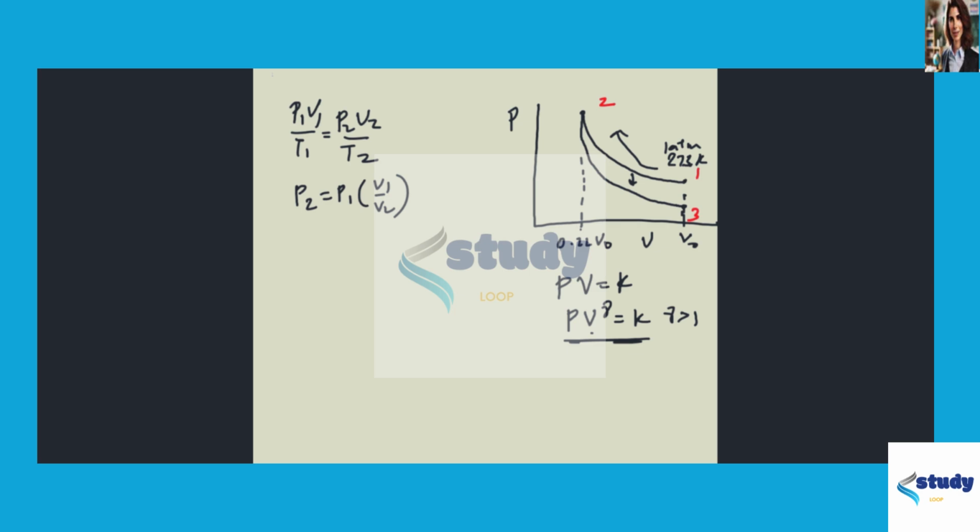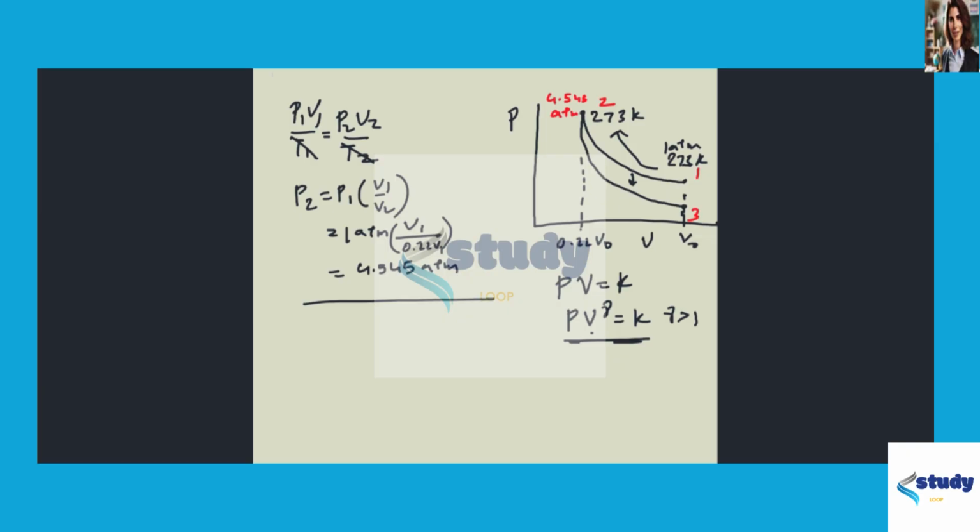Because it's an isothermal process, the temperatures are the same, so the temperature here is 273 Kelvin too. Now, pressure is simply 1 atmosphere times V1 by V2, which is 1 by 0.22, giving us 4.545 atmospheres. So the pressure here is 4.545 atmospheres.